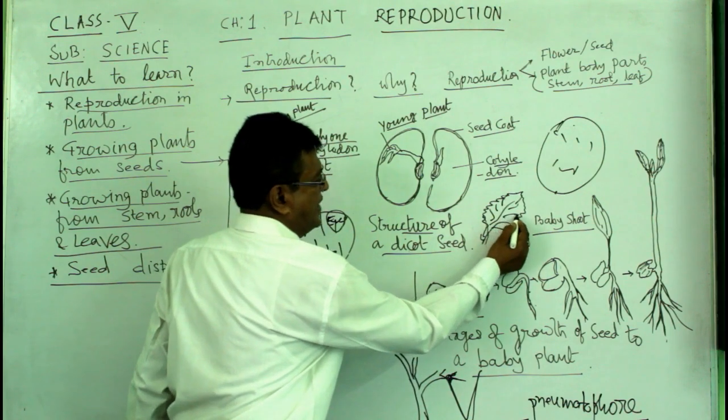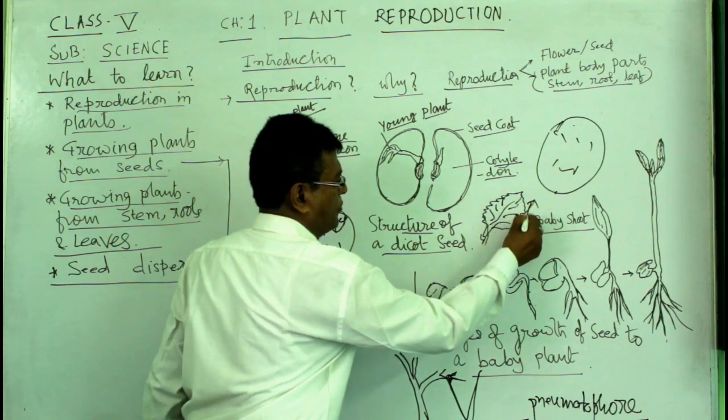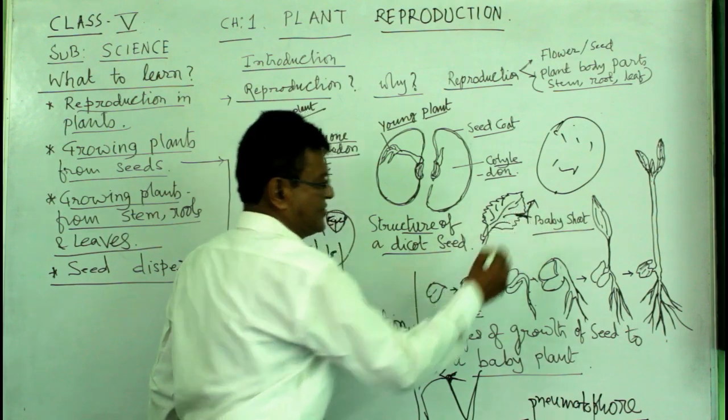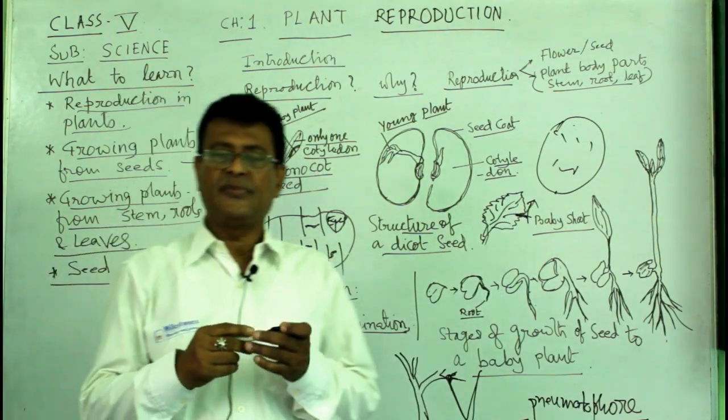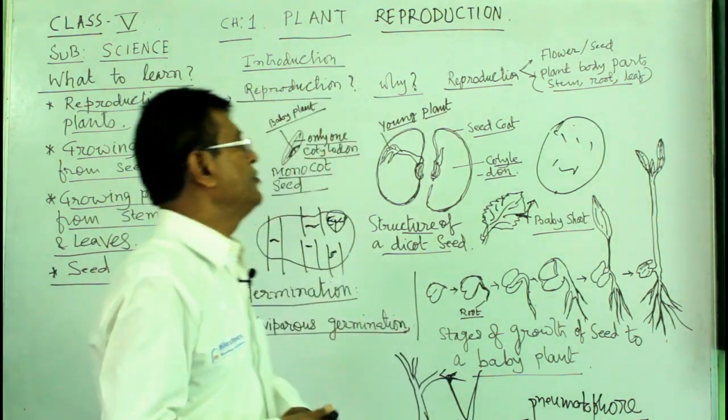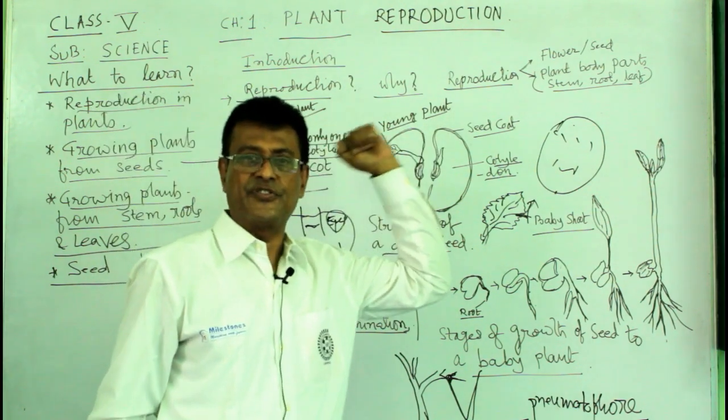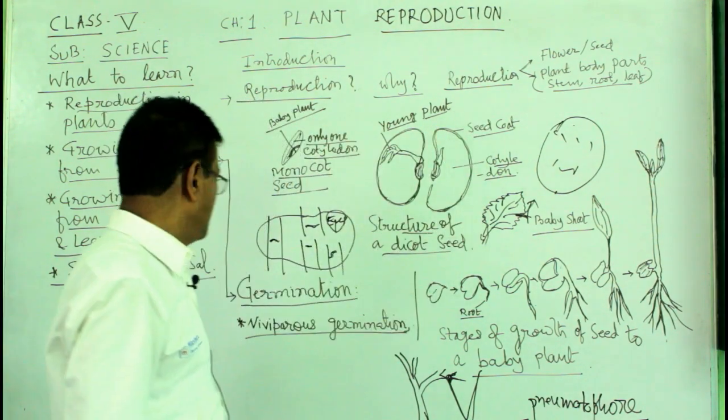From each notch, the new plants grow. New plants grow from here, from this. This is the bryophyllum leaf, and it reproduces by the leaf. So its reproduction goes on by the leaf.